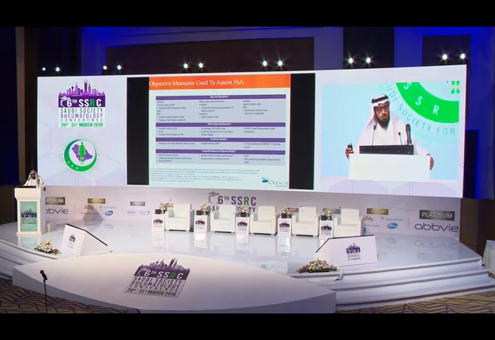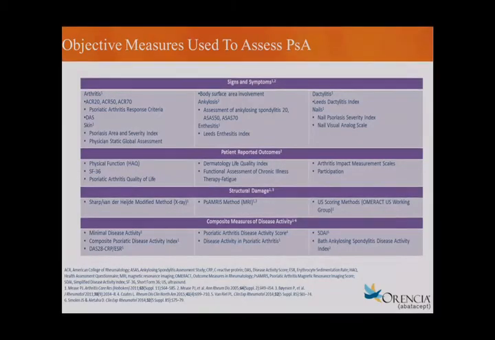So many assessment tools have been validated in patients with psoriatic arthritis and can be used as a surrogate marker to follow the disease response or activity. Some of these tools are based mainly on the signs and symptoms of the patient, like the ACR 20, ACR 50 and 70, the DAS 28 with some modification in the joint distribution.